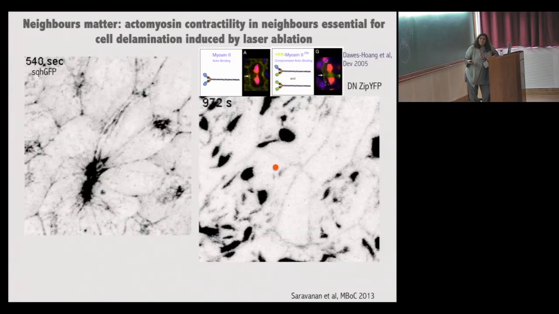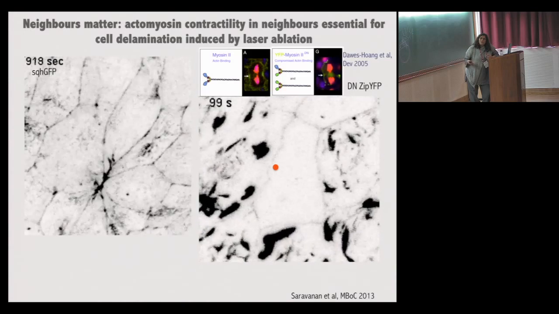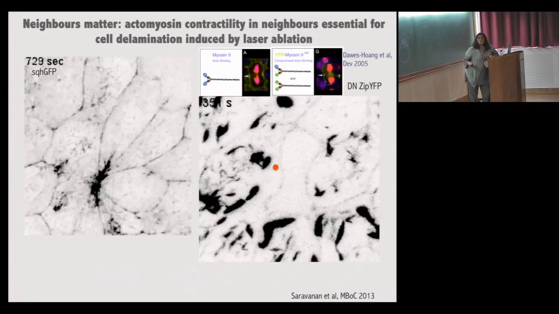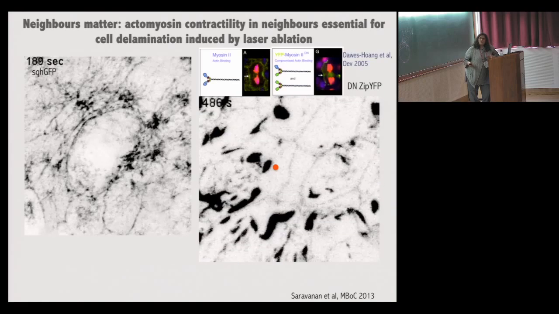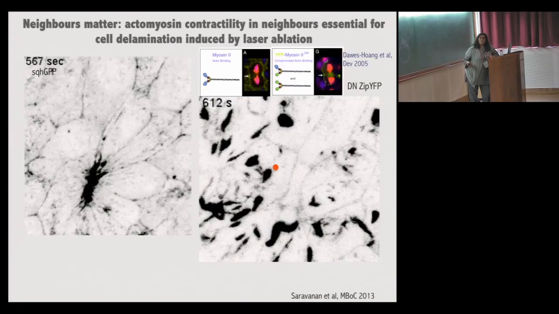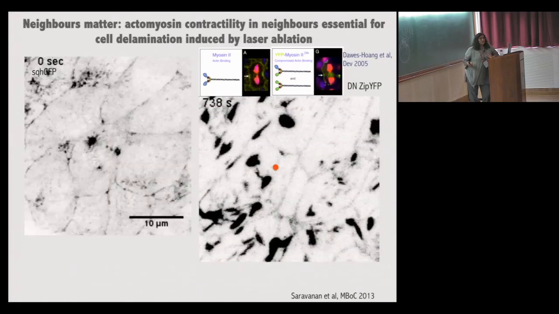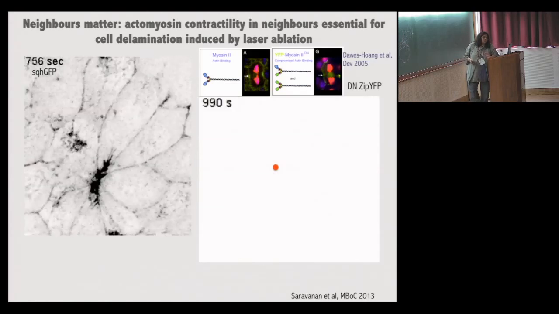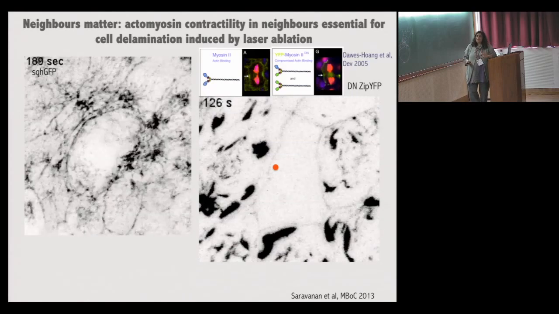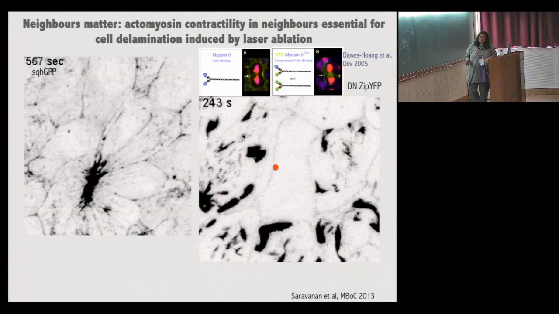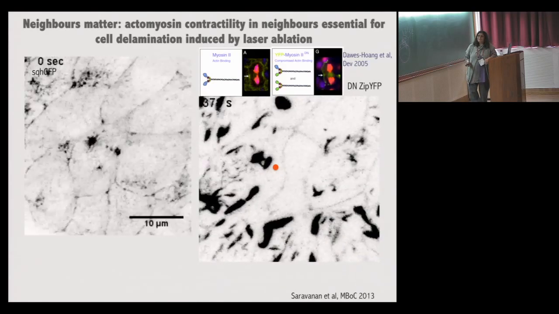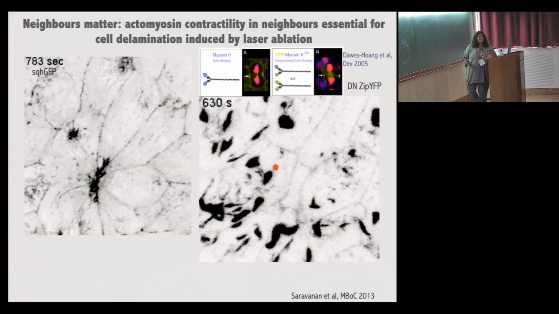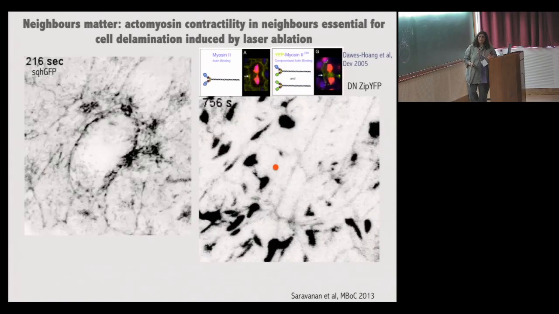And I showed you earlier on that for that process of constriction and extrusion, you also see directed flows of myosin in the neighbors. So what I'm trying to say is that in this sheet in which you have apical constriction, every cell is in tune with what at least its nearest neighbors are doing.